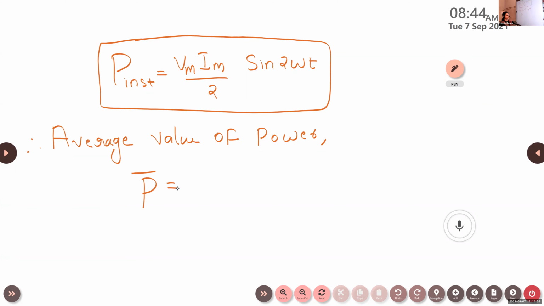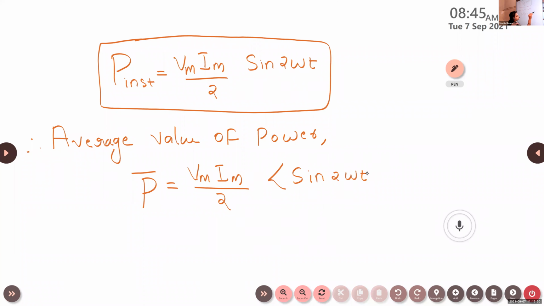P bar is equal to, can you form an equation for calculating the average value of power? Exactly similar to the case of the inductor. P bar is equal to Vm Im by 2 into summation of sin 2 omega t.